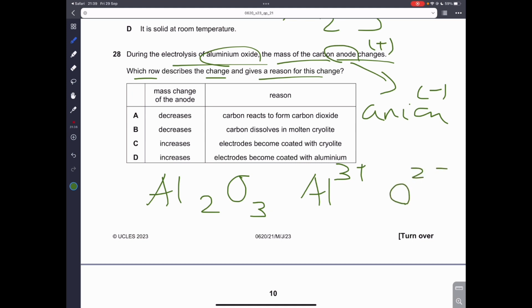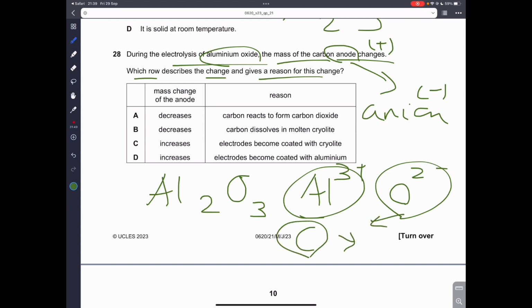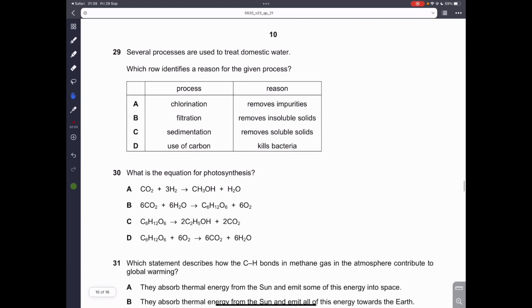Now this is molten, so what is going to be created? Aluminum is going to be created and oxygen gas is going to be created. This oxygen gas is going to react with the carbon anode, thus forming carbon dioxide. Therefore, the mass of the anode is going to decrease as time goes on. It will decrease because carbon reacts to form carbon dioxide. Therefore, A is the correct answer.